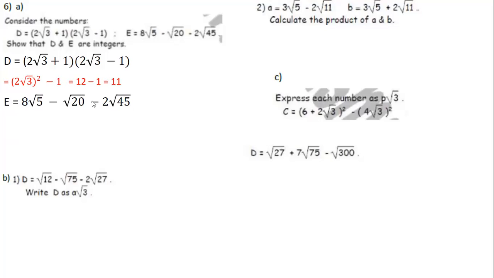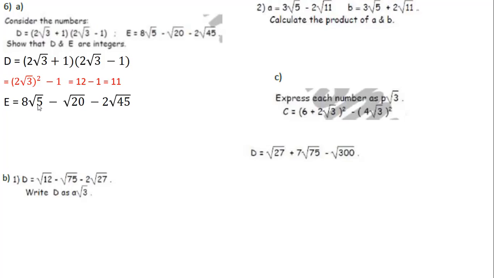If they have the same radicands. Here the radicand is 5, here the radicand is 20, here the radicand is 45. Can we subtract different radicands, Adam? No, we can't, right. So I think of simplifying the radicands so that they all become the same.